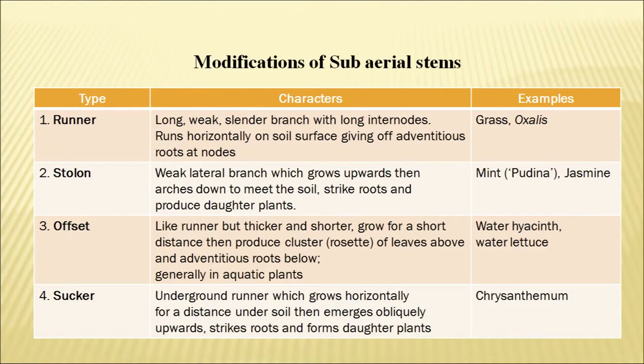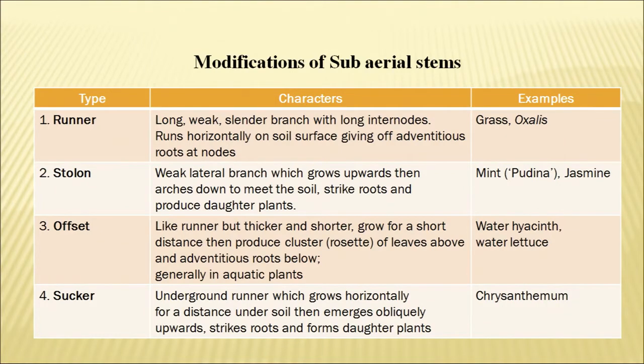If you have seen the purple or mauve colored flowers growing in the river or pond side, in slow growing streams, the stem in that case is an offset. These are weak stems, and they just float with the help of certain modifications.